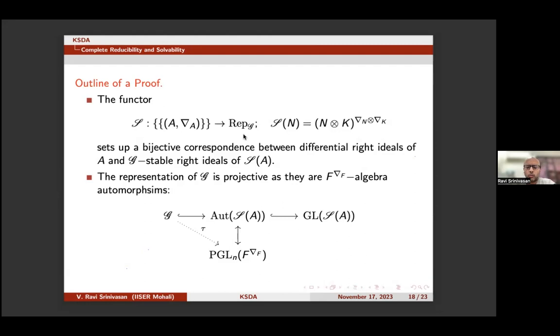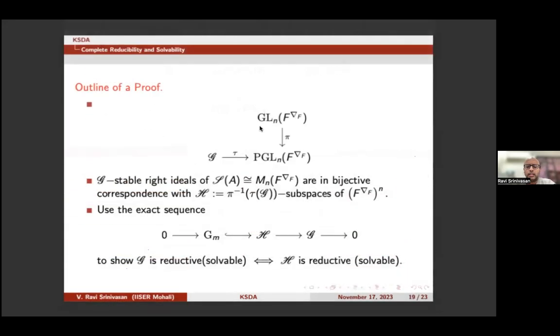Once you have this set up, the diagram to keep in mind is this: you now have a representation from G to PGLN, and you have this projection map from GLN to PGLN. So you just lift the image, and then there is the group acting on MN, S of A, as automorphisms.